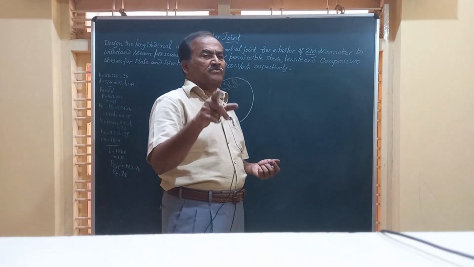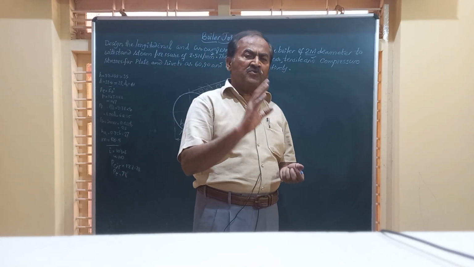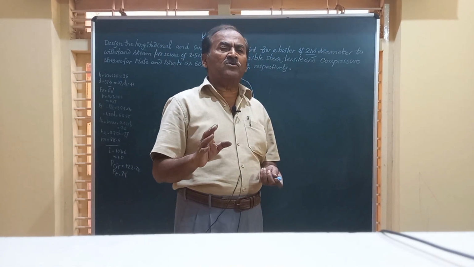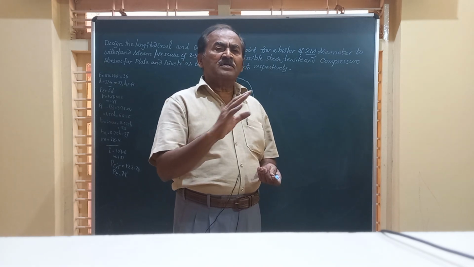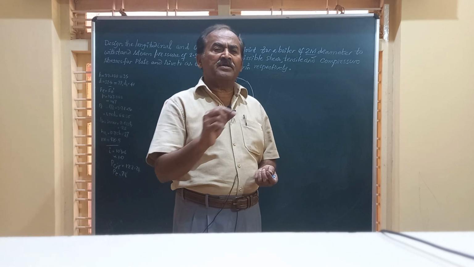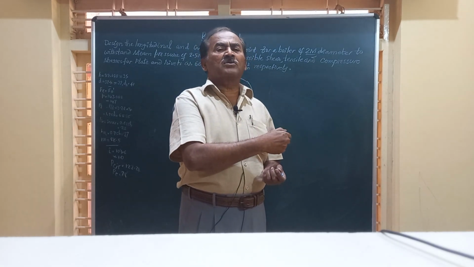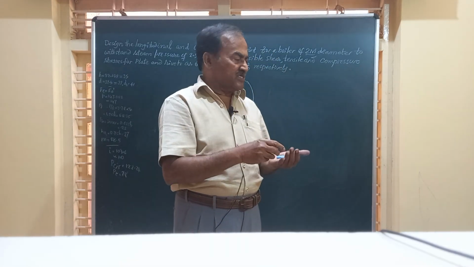So once again, I'll repeat the procedure. Depending on the diameter, refer to the table and find out what nature of joint is suggested, whether it is double riveted or triple riveted. Based on that, refer to another table wherein you find the efficiency range.